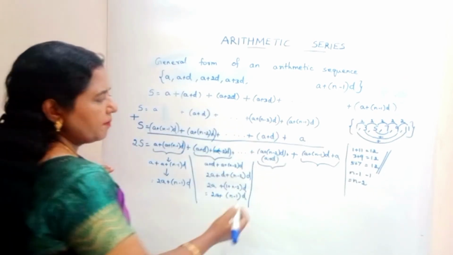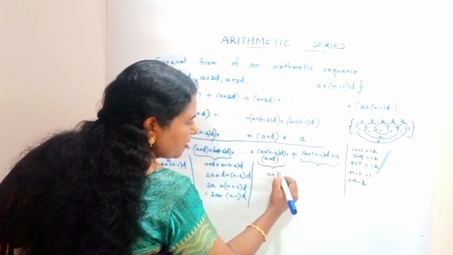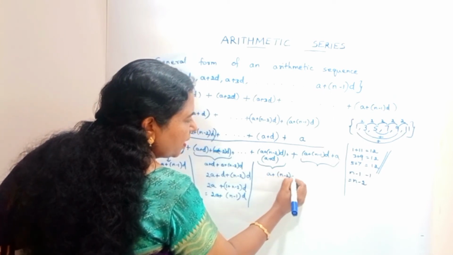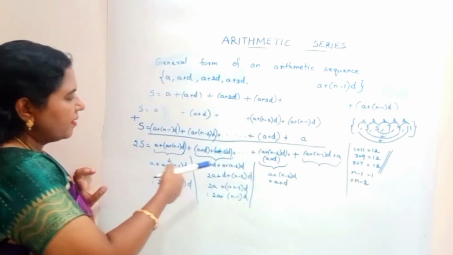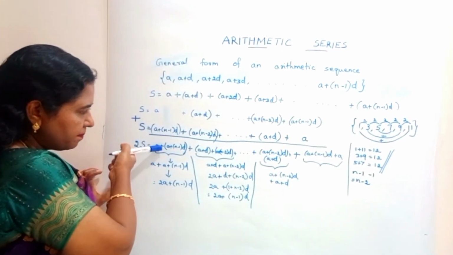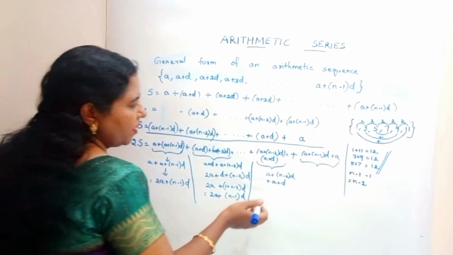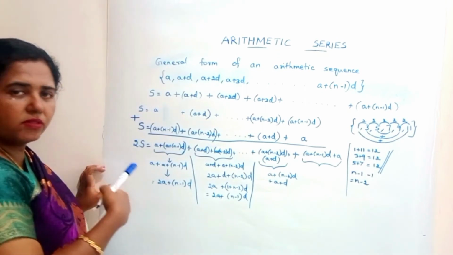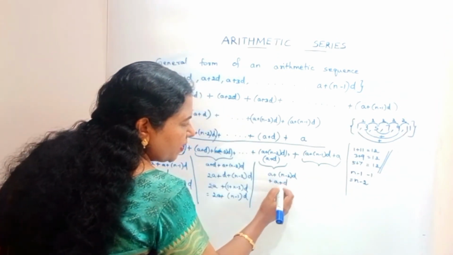Okay, now coming to this, it is a plus (n minus 2) into d plus a plus d. Here removing brackets and all, since plus sign is in front, we have removed the brackets and all directly. Okay, already we have seen a lot about this in the previous videos. So it is a plus (n minus 2) into d plus a plus d.